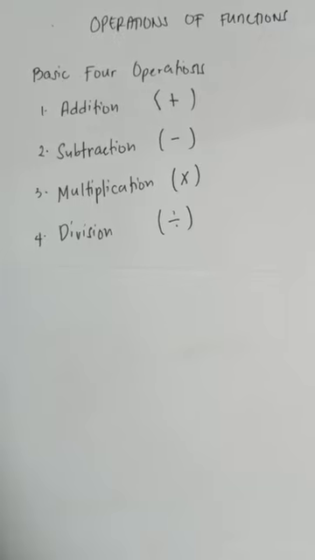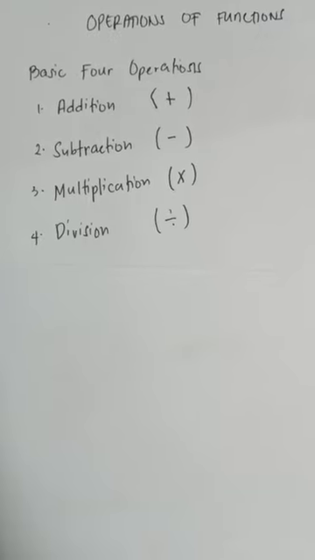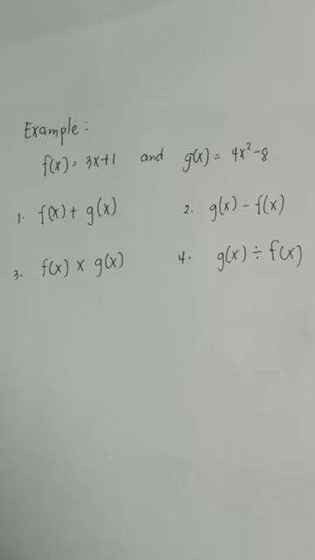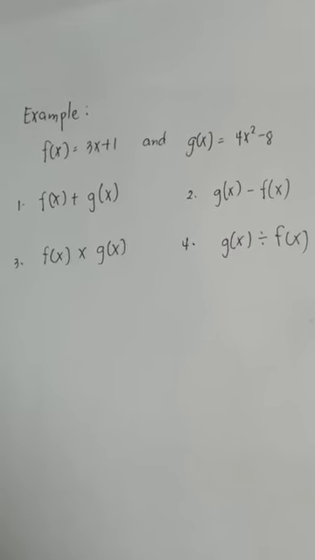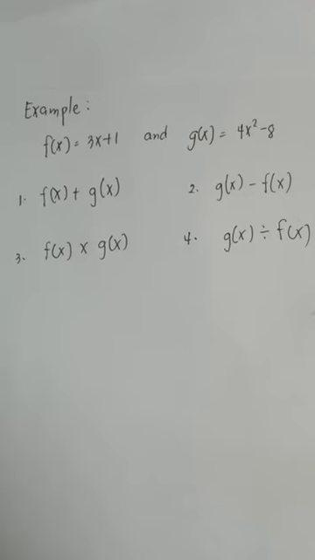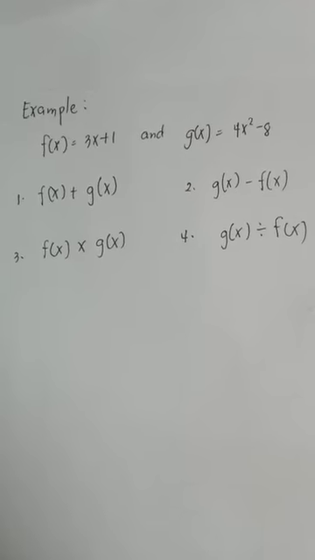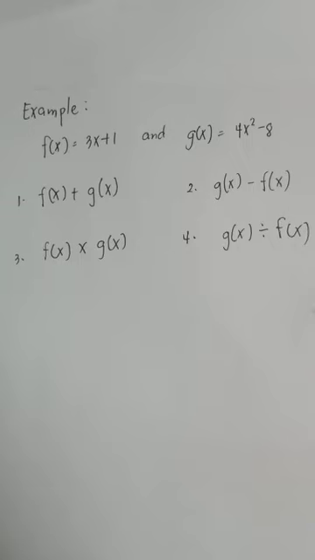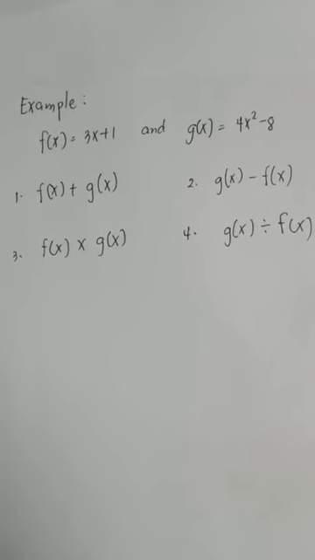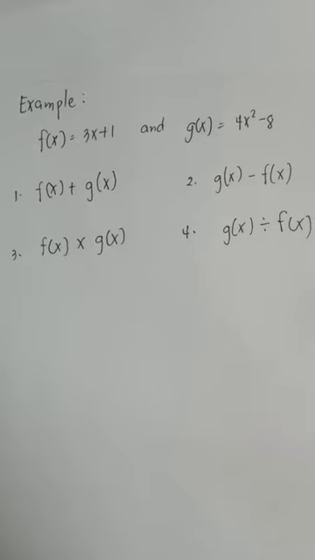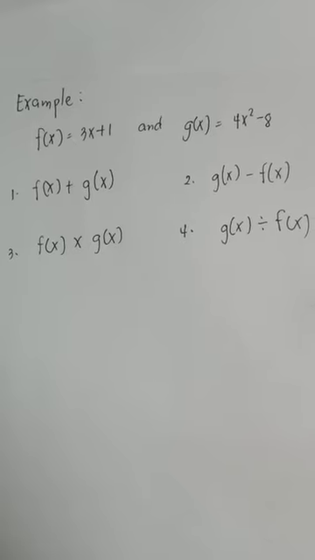And then let's proceed to the example. In this example, we have two functions given, which are f of x and g of x. The value of our f of x is equal to 3x plus 1, and the value of our g of x is equal to 4x squared minus 8.